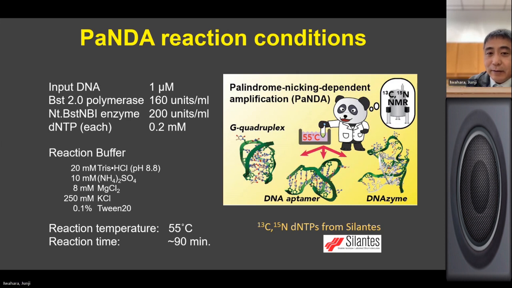So one of the questions was, are there any issues you see with PaNDA working with modified NTPs as well, or should it be pretty straightforward? We don't have a good answer to that question because we tried just regular dNTPs.